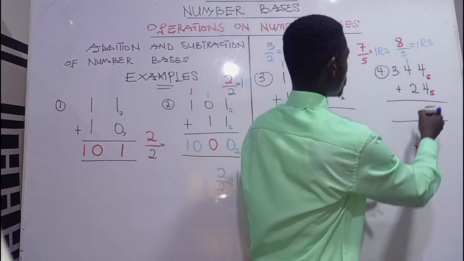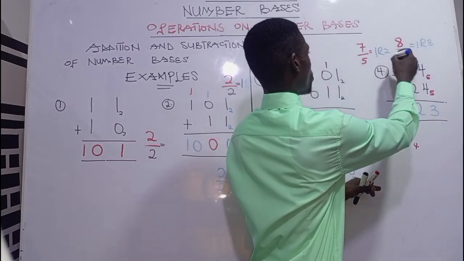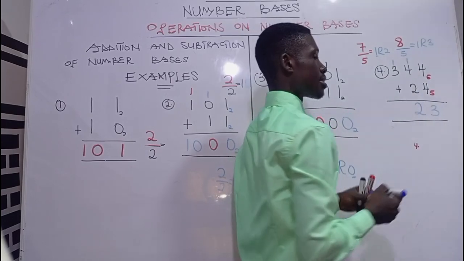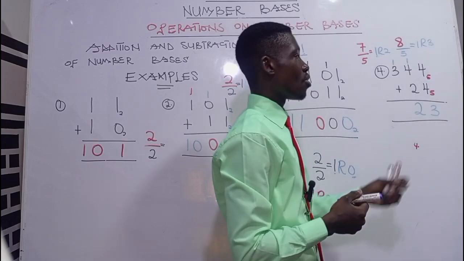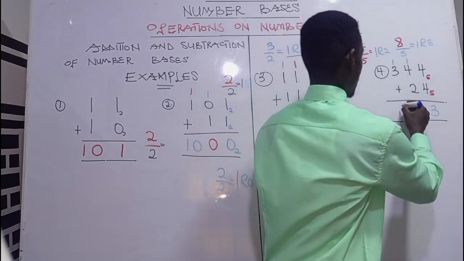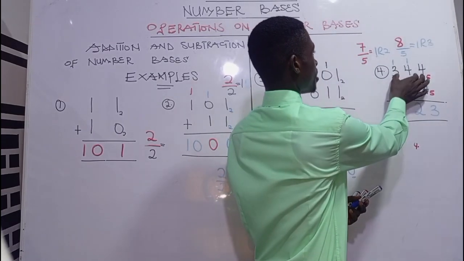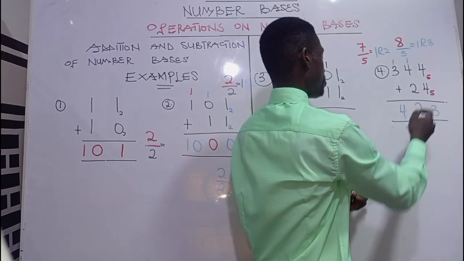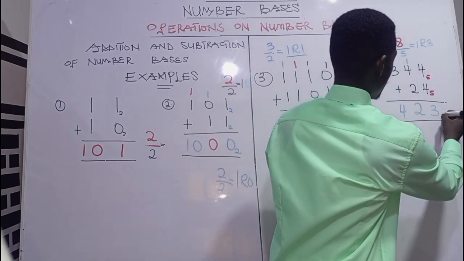So the remainder is 2. And then we carry the quotient, or the 1, to the next digit. 1 plus 3 is 4. 4 is less than 5, so we can write it here. Therefore, this numeral plus this numeral in base 5 is equal to 423 to the base of 5.